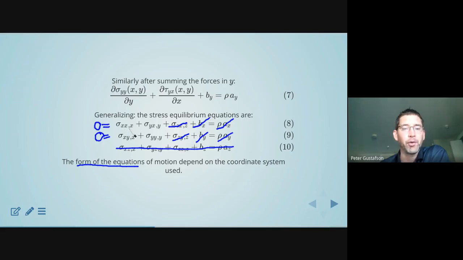So the stress derivative in the x direction is a changing value. So what does that mean? In order for this value to be non-zero, that means this value, sigma yx comma y, also has to be non-zero. So what are we learning? We're learning that because sigma xx changes, sigma yx changes.